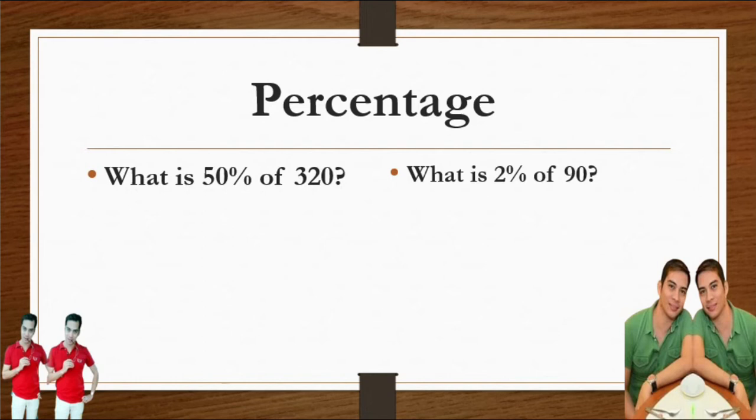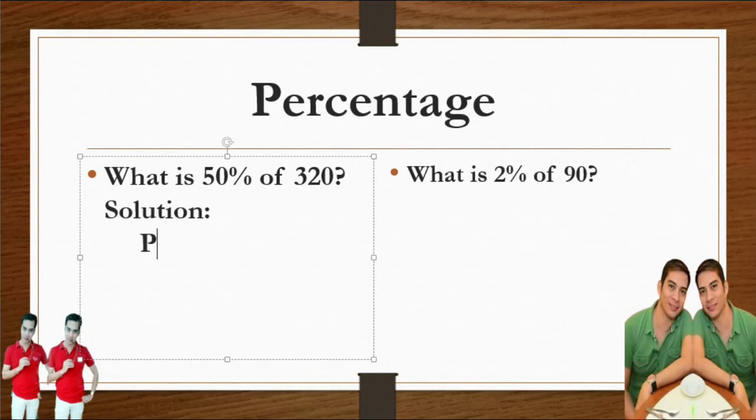Another, what is 50% of 320? Solution, P is unknown equals rate times base. Substitute, R is 50%. 50% times the base is 320. So, sabi nga kanina, atin isa-substitute, change 50% into decimal.